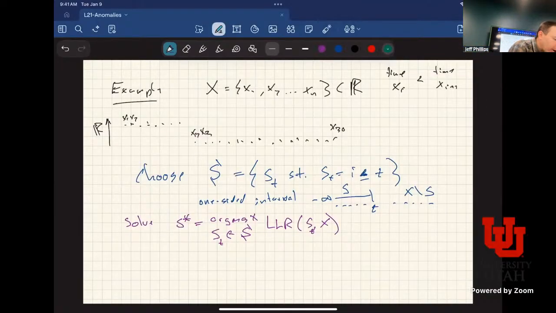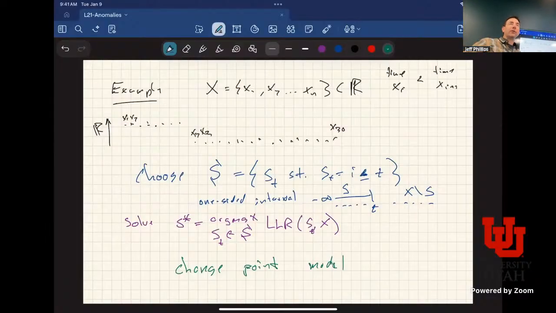Okay, so this is called a change point model, where some property holds up until time T, and then that property changes afterwards. A lot of time series work, like in econometrics, says this stock price or other quantity behaved like this up to some point, and then after that point something happened and caused the distribution to change. I'd like to determine this time point, and that's the goal here. That would be an anomalous region with respect to the whole region.